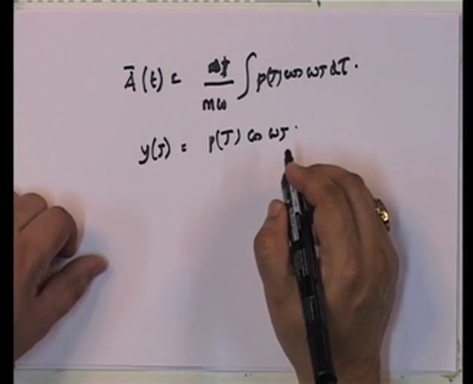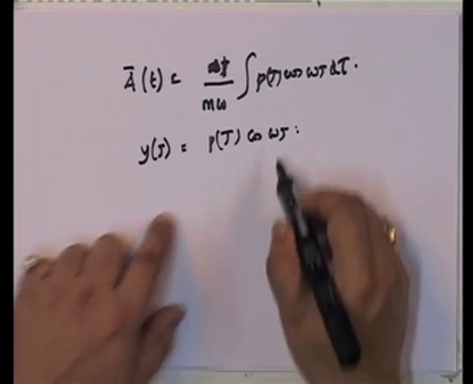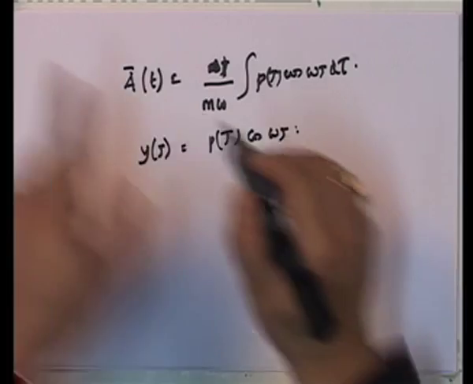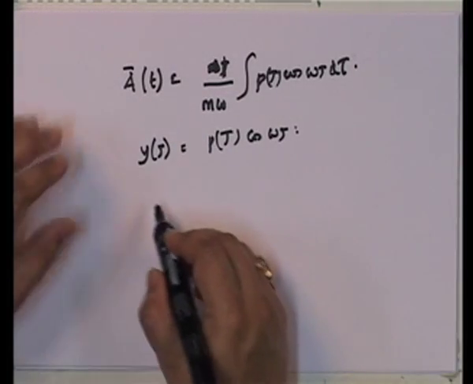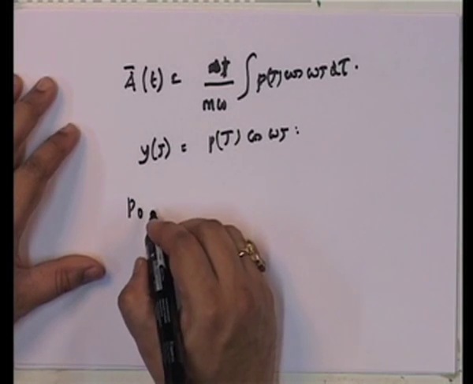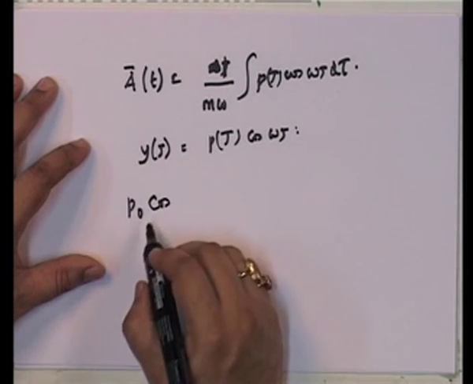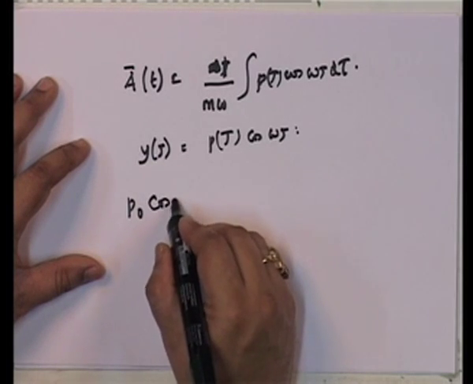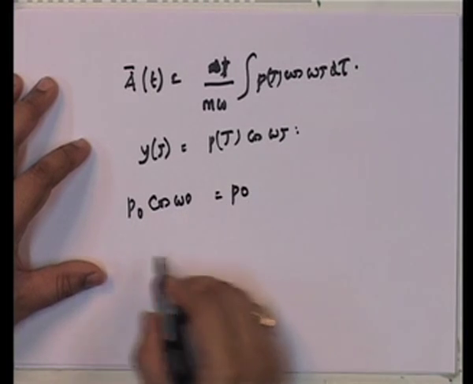If I use Simpson's rule, then this is the term that I plug into y 0. So, this basically becomes p 0. The first term y 0 becomes p 0 cosine omega 0, so that is equal to p 0.